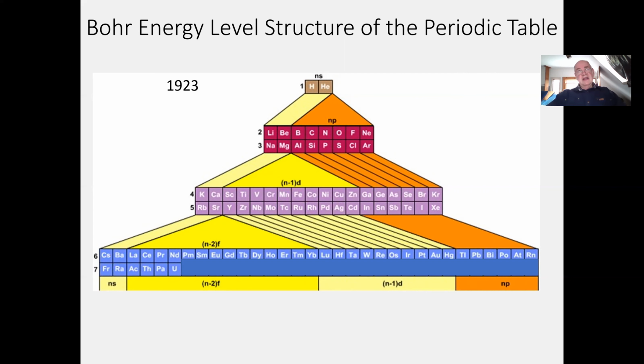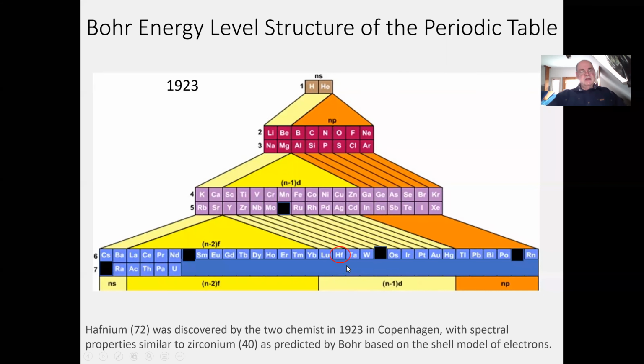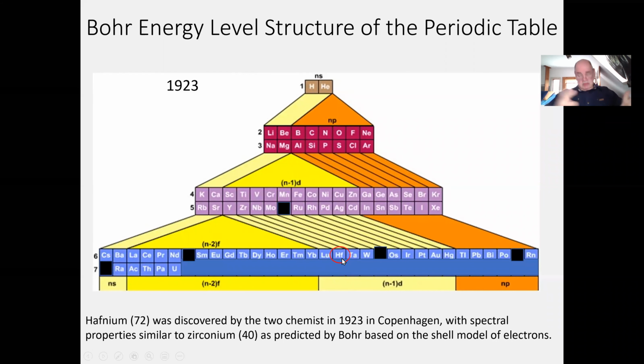Well, the last great hurrah that Bohr had was, after Moseley, the holes in the periodic table were now well known, right? All the atomic numbers which we recognize, and we don't have an element associated with it, became the great hunt for many, many chemists. And the situation in 1913 was this element here, element number 72, was identified by Moseley, actually even predicted way back in Mendeleev's day.